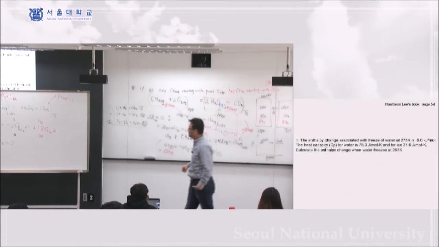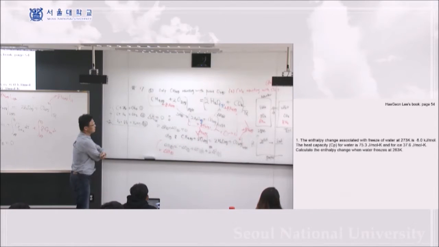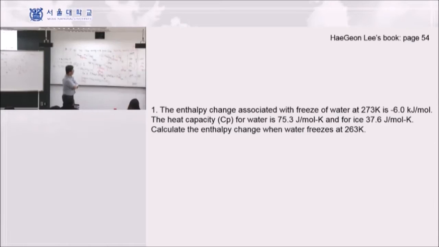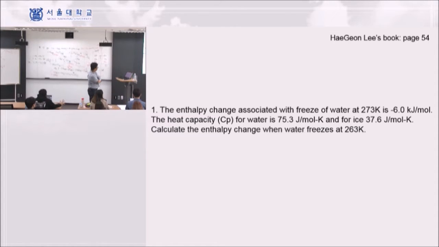Okay, let's look at the next one. Now let's look at the enthalpy change associated with freezing of water at 273 Kelvin, which is minus 6 kilojoule per mole. So we have water, H2O, at 0 degrees Celsius, 273 Kelvin, the freezing enthalpy, meaning liquid becomes solid, with that value, minus 6 kilojoule per mole of H2O. The heat capacity of the water is 75.3 joule per mole Kelvin. It's constant. Ice is also constant around this temperature, so that's 2 given.